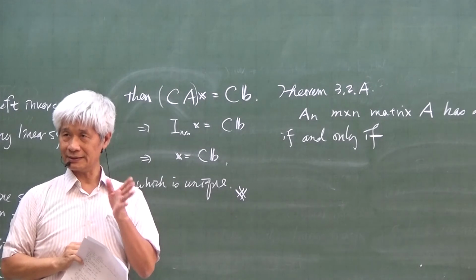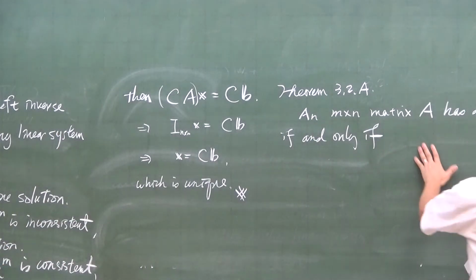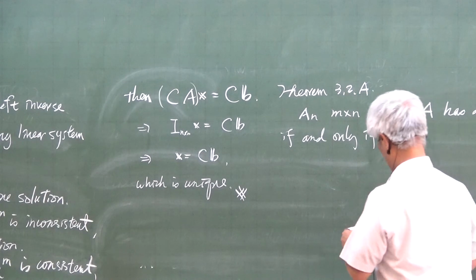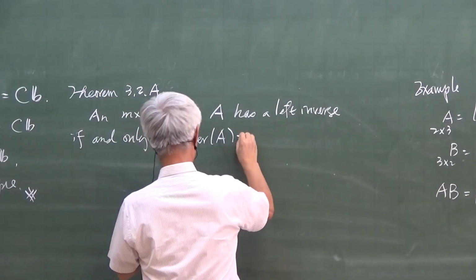Now, the existence of a left inverse of a rectangular matrix depends on A itself. Of course, that will be the intrinsic property of the matrix A. But what is the exact intrinsic property? We have to point out that the kernel of A should be trivial.